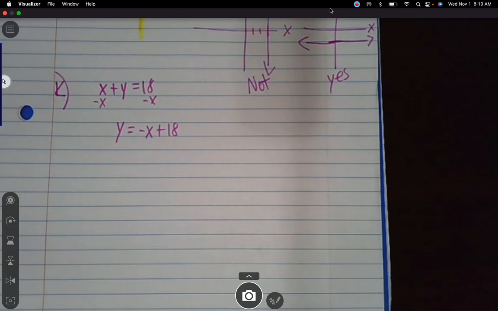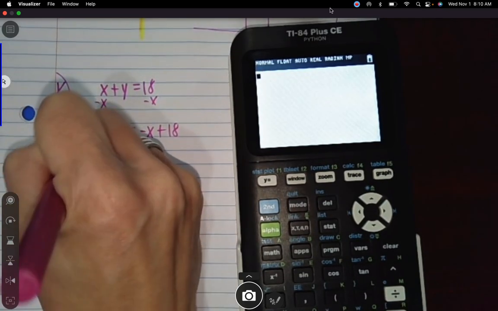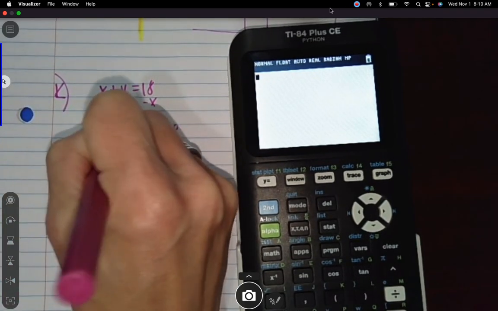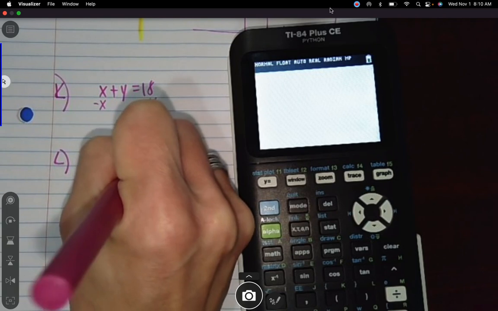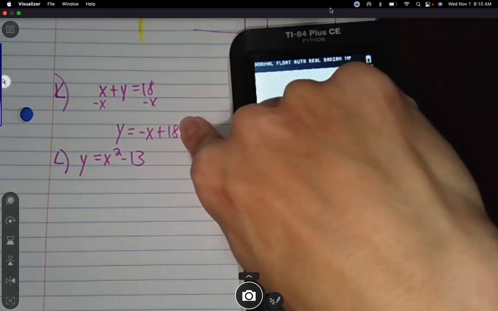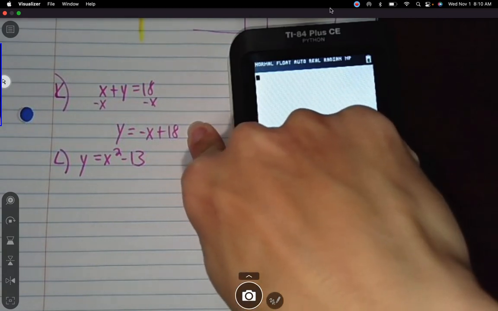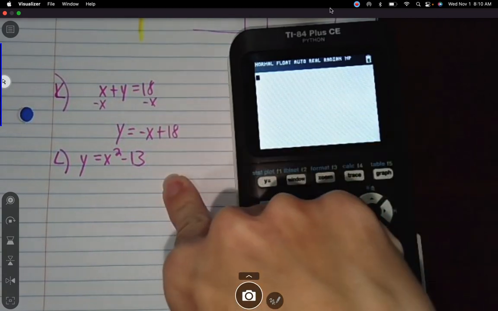Yeah? So that's what you're going to do on K and L. L already says y equals x squared minus 13. So K is the exact same problem, which you're going to type in for K, and into L on Friday, that's what you're going to put in.